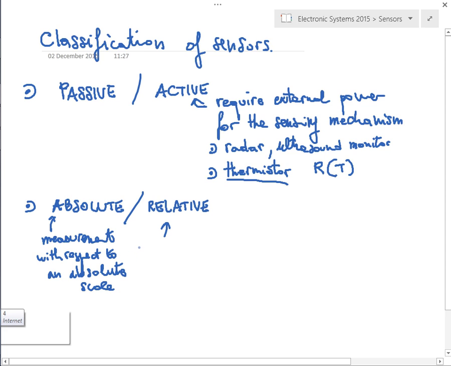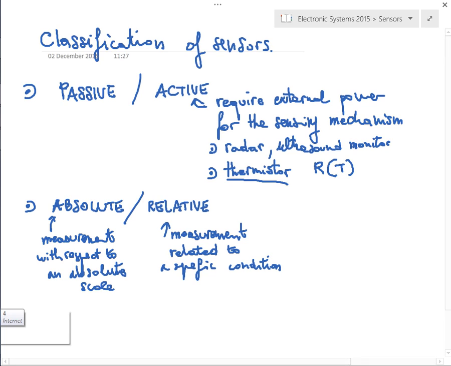In the case of relative, as the name says, the measurement is related to a specific condition. So it's not an absolute measurement.